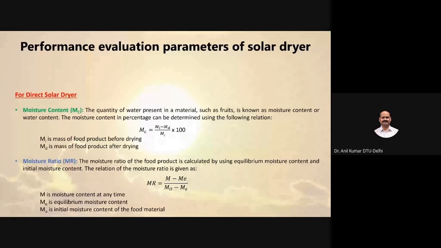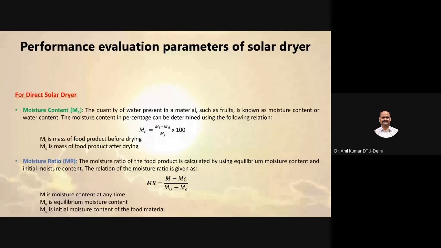So M and M naught: M is the moisture content at any instant of time, and M naught is the initial moisture content. However, this is the wrong practice. We should always consider the equilibrium moisture content.